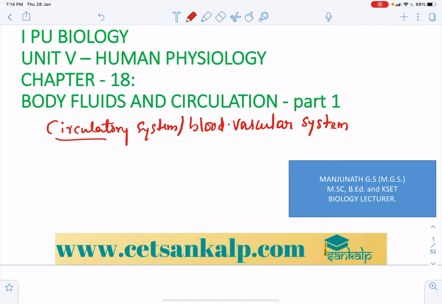The circulatory system includes the organs, mainly the heart, which is a pumping organ, blood, lymph, and blood vessels.